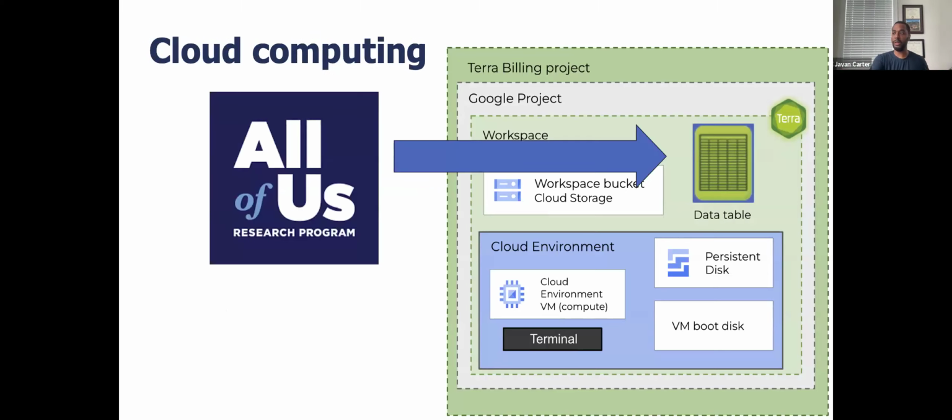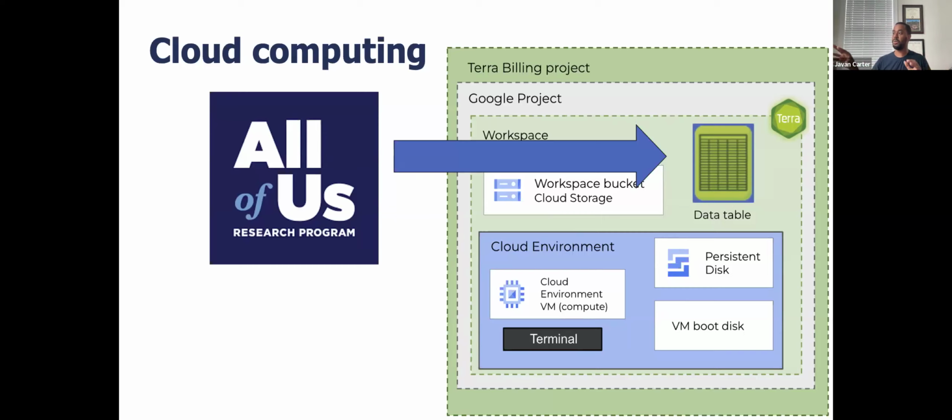So when you think about it, All of Us is essentially a source of information in one area. That source of information can be accessed using Terra, and Terra is owned by Google. So several different elements play a factor in developing what All of Us is.